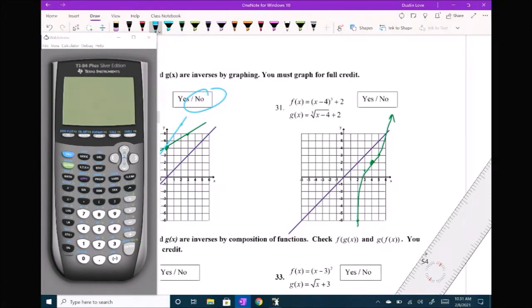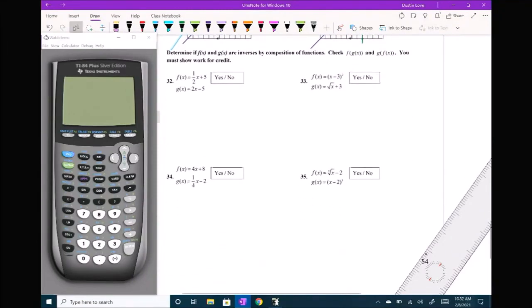And then for this one, I'm going to go up 2 and right 4 again. 1, 1, 1, 1, but now I'm going to go down 2, 1, 2, 3, 4, 5, 6, 7, 8. And yes, they're not reflections over that line, so it is no.